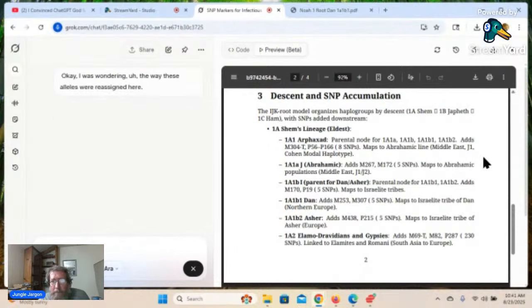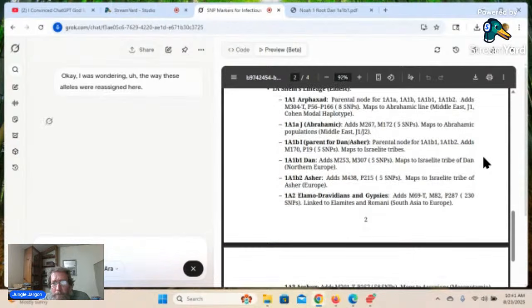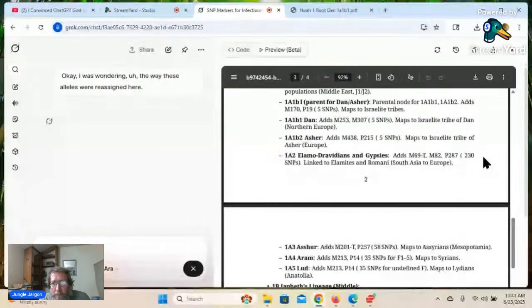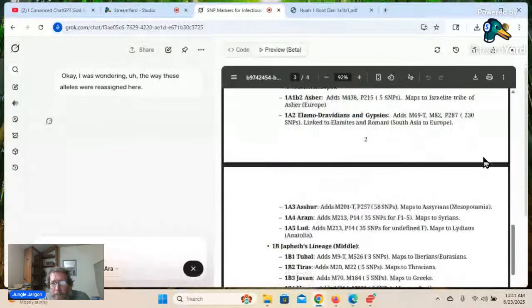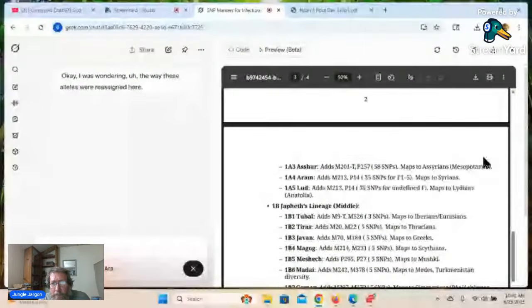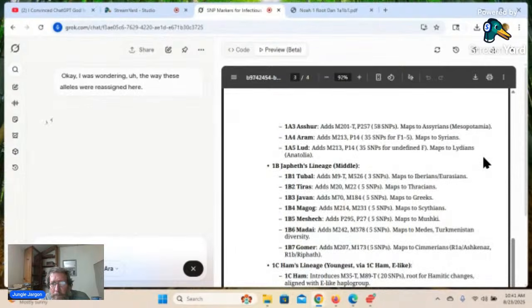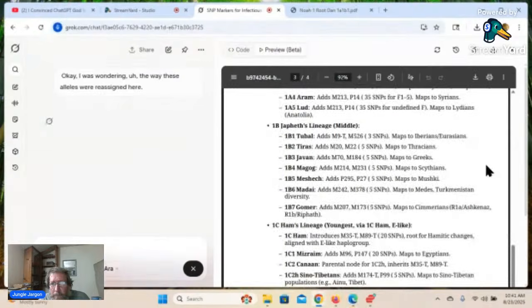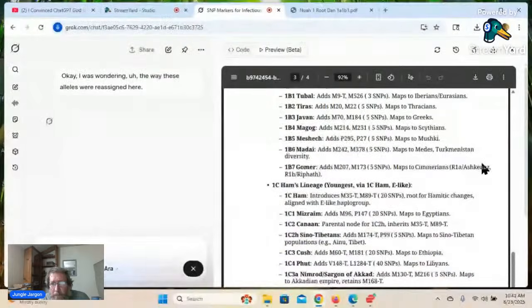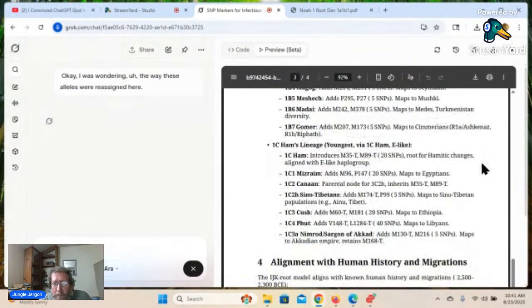M523T, specifically, is one of these baseline alleles, inherited unchanged by Noah's sons, unless a mutation flips it to a derived state. Unlike the standard model, which places haplogroup A as the root, this one aligns with the biblical timeline and Central Asian genetic diversity, Turkmenistan's R1A Japh.